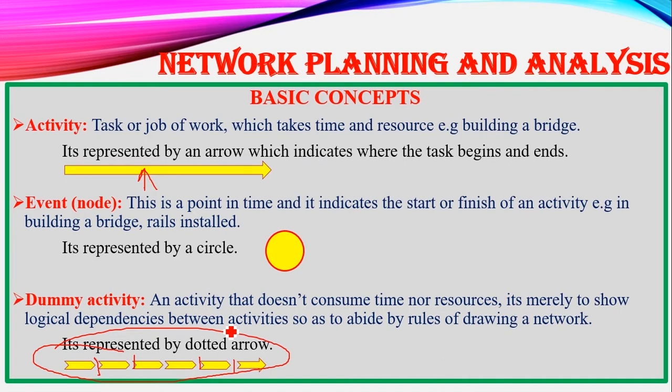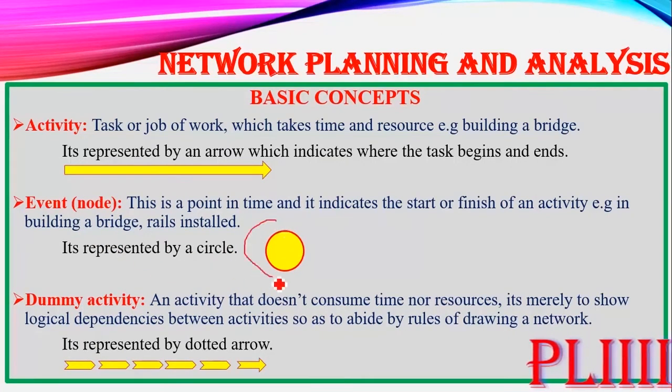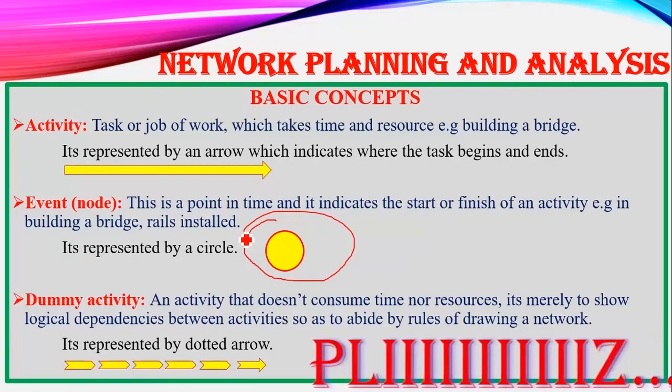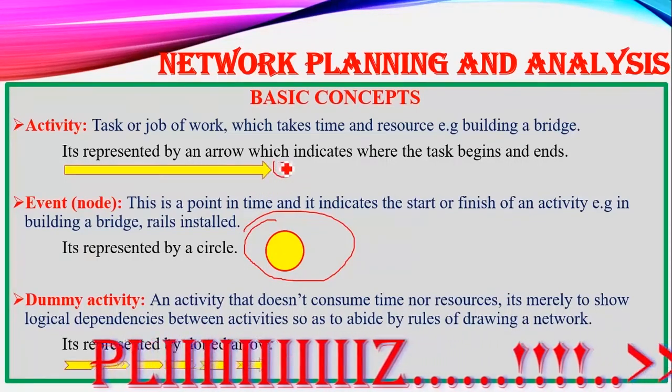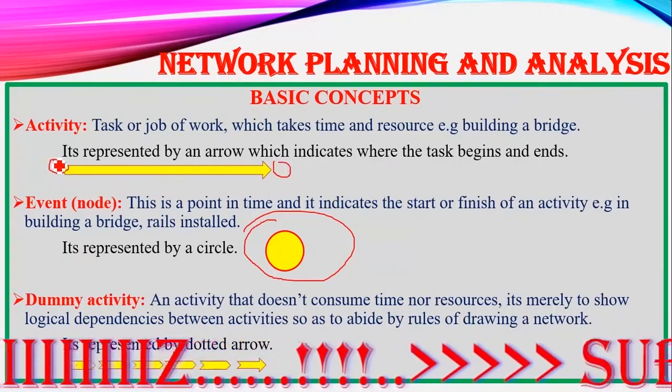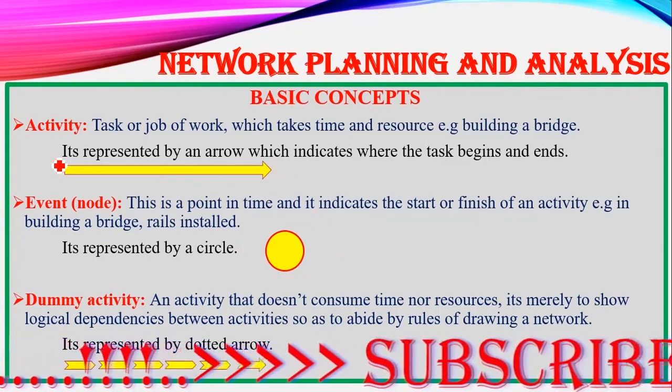So to join those activities, you may need to include an activity that does not consume resources, nor does it consume time. I forgot to mention here that an event is denoted by a circle. It is denoted by a circle, and that is why I drew 2 circles here representing an event.